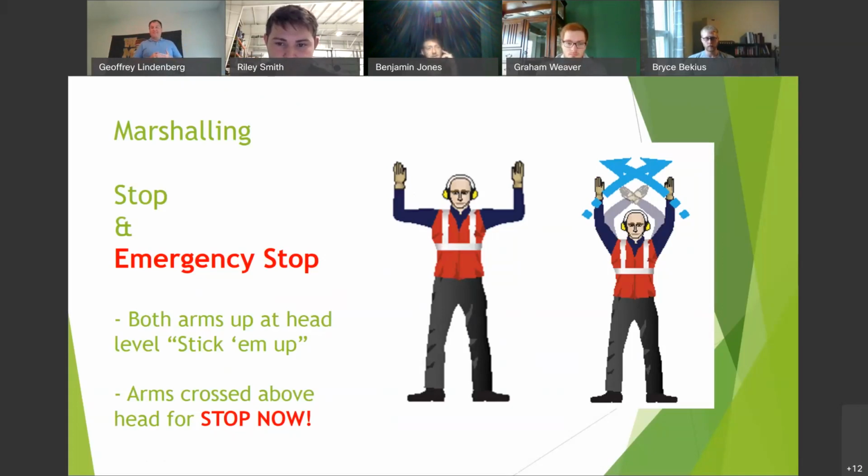Any ideas? People start to get out of their chairs. So if you slam on the brakes, now you have people laying in the aisle. That's not a good PR situation. So you want them to brake smoothly. But if you do have an emergency situation and you've got to stop, you can cross the arms, that's what that means.